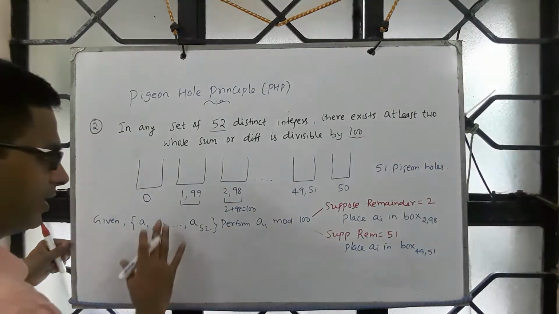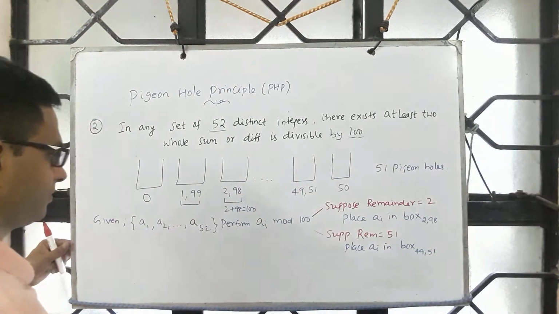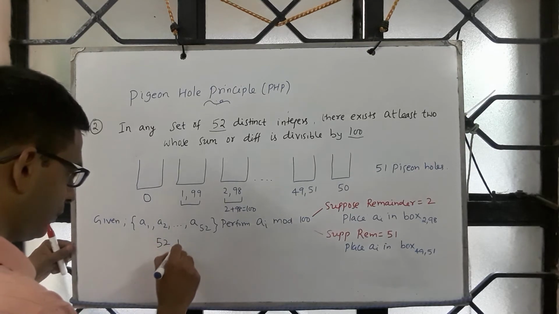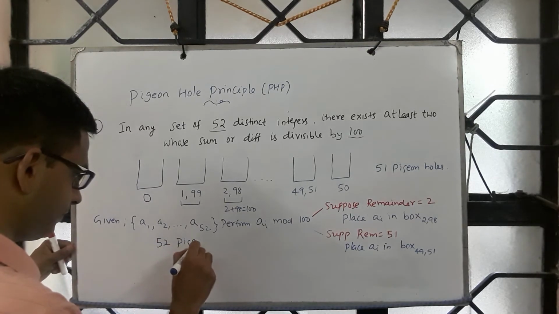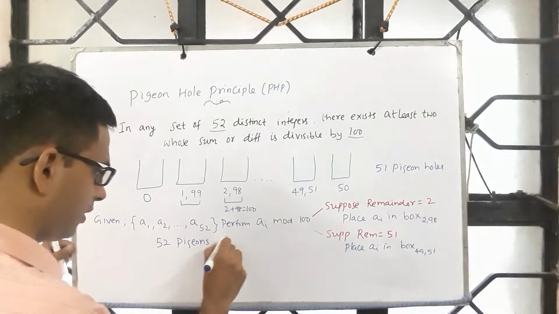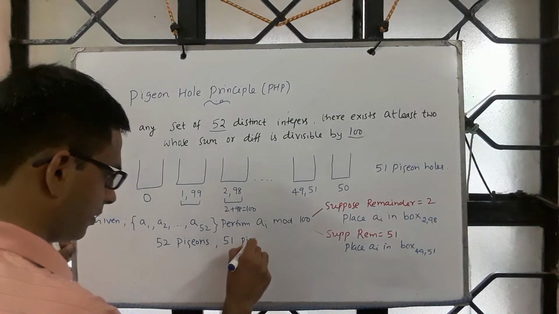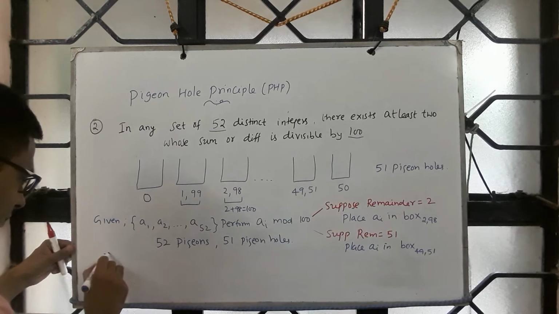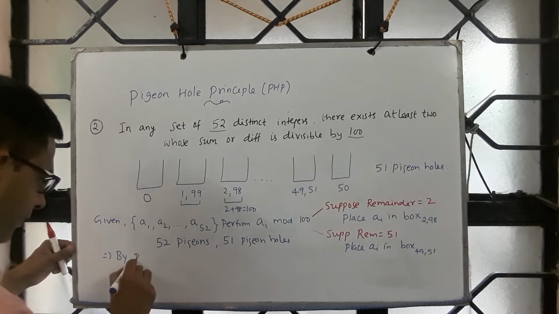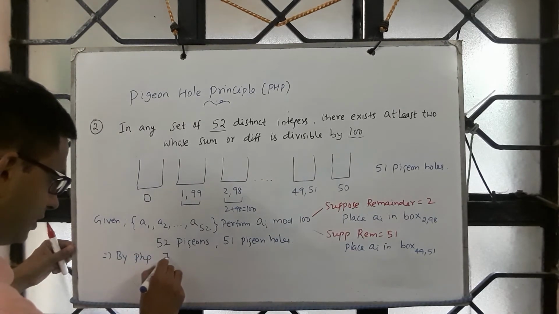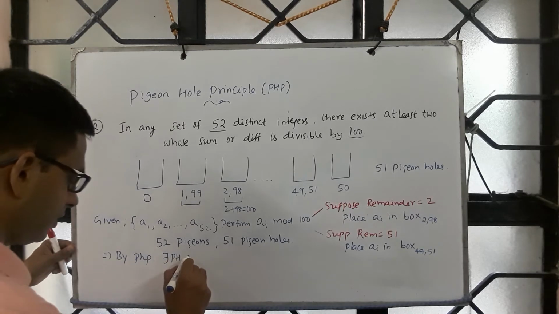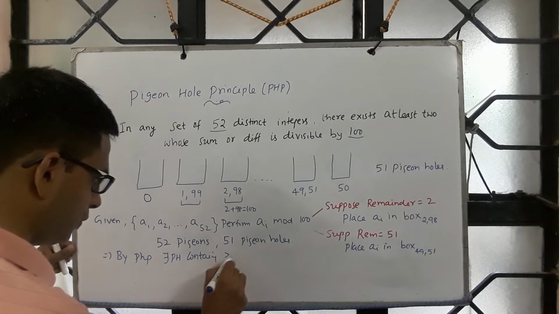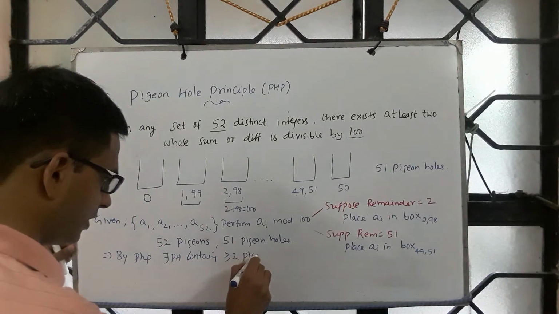So each AI is placed in some bag or some box. Now 52 PGNs, 51 PGN holes, by PHP, there exists a PGN hole containing at least 2 PGNs.